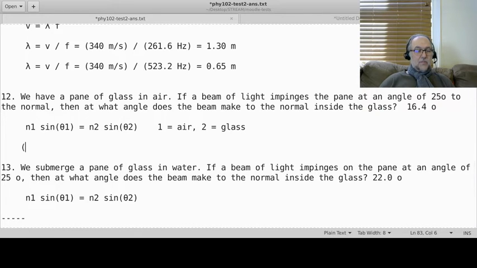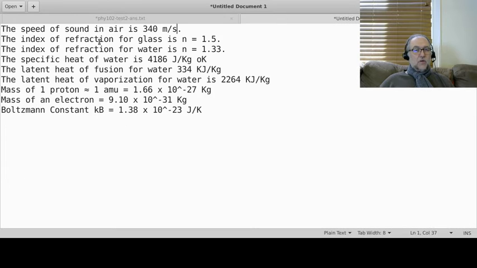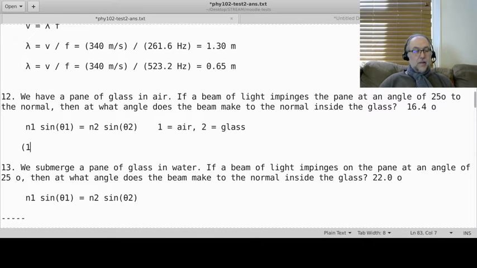And now let's start substituting in numbers. So this is Snell's law here. N1 should be the index of refraction for air. I don't think I gave it to you, but you should know that that's 1. And sine of the angle that it makes in the air. Do we know what angle it makes in the air?